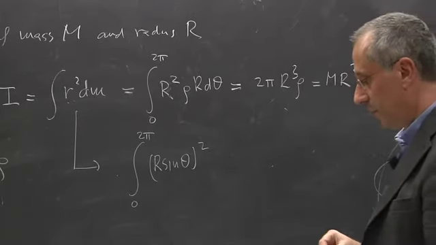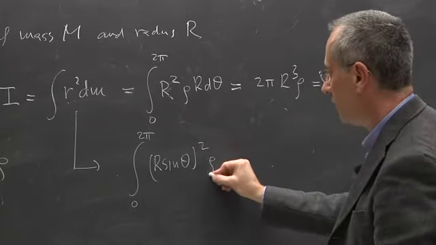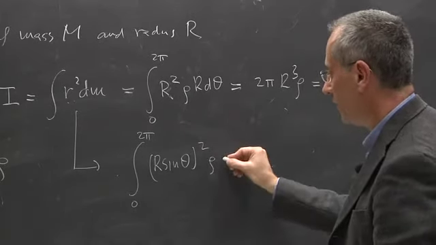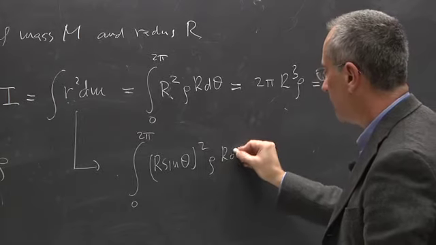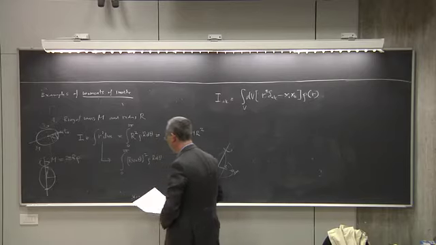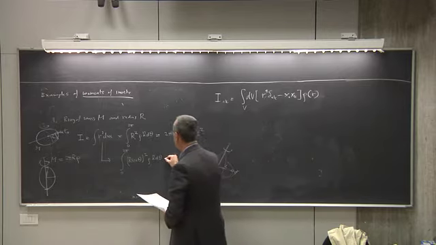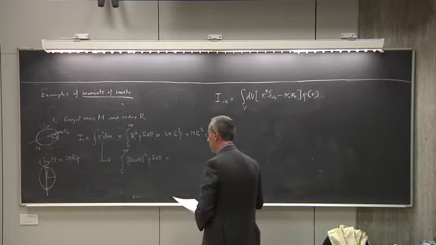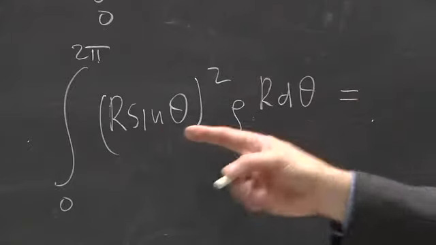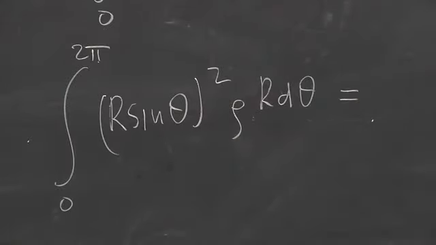And then you have the mass density that is the same, rho r d theta. So now the integral is a little more complicated, because it's not just d theta, it's sine square d theta, and that gives you an extra 1/2.